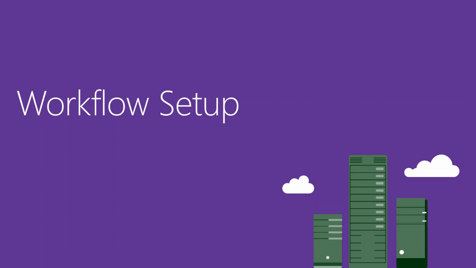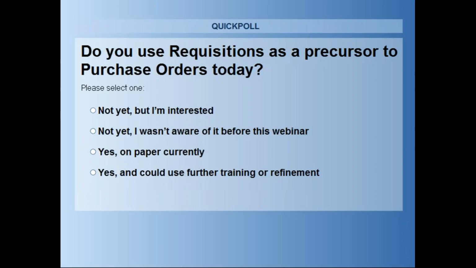You bet. All right, everybody. Do you use requisitions? Here we go. Let's go ahead and vote. All right, about 10% of you have voted. Got one choice, everybody. All right. Oh, Sandy's next to a train station, it sounds like.